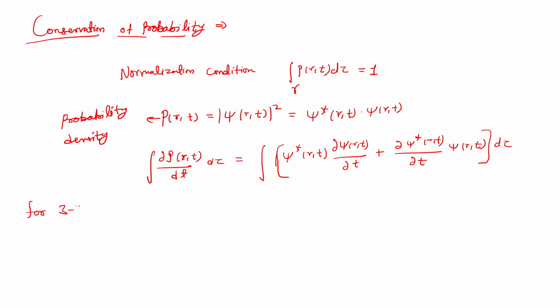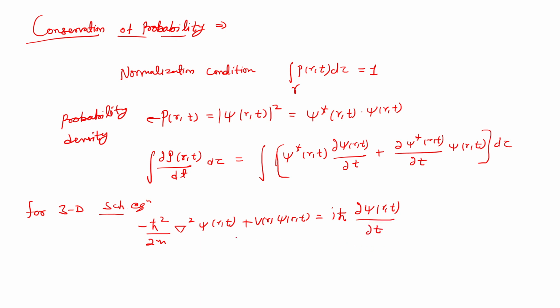For the 3-dimensional system, the Schrodinger equation, which we have discussed in our previous sessions, is simply a postulate. It is equal to i h cut del psi(r, t) over dt. This is the Schrodinger equation.